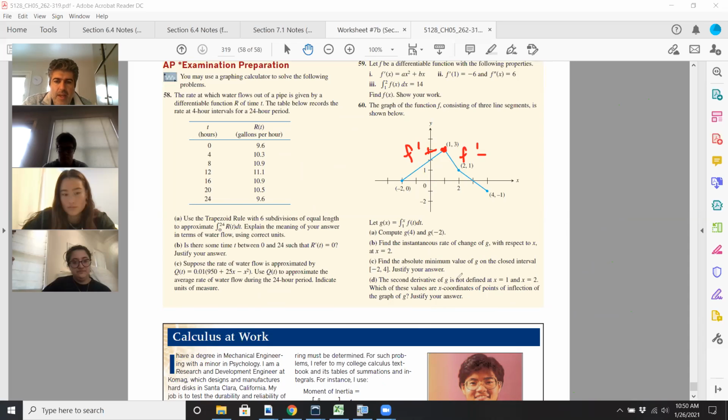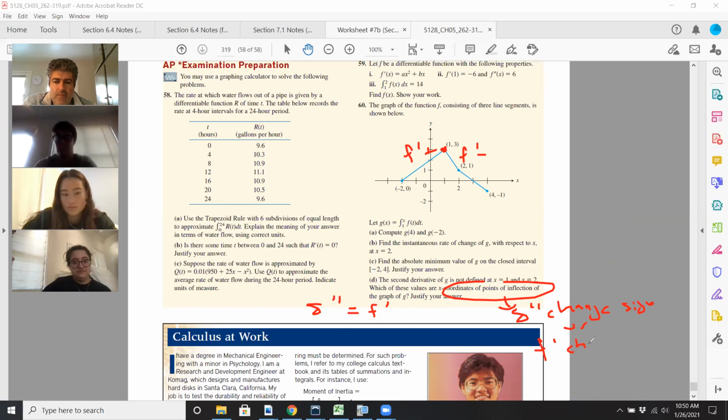Remember, g double prime equals f prime, right? And you want the second derivative, you want a point of inflection, so you want g double prime to change sign, or f prime to change sign. So that's what's happening there.